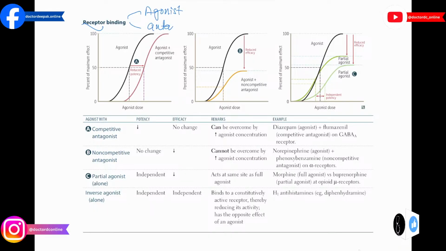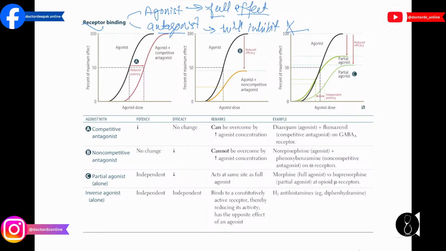The agonist will give full effect after touching the receptor, and the antagonist will inhibit or stop the effect of the reaction after attacking the receptor. And you already know there are two types of inhibitors, competitive and non-competitive.